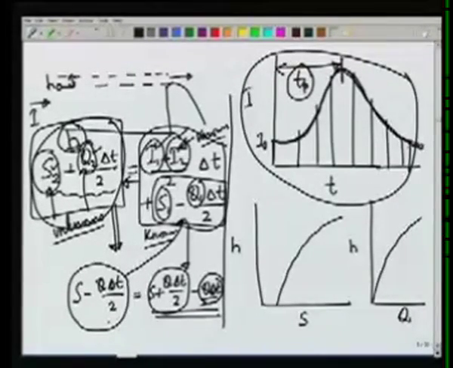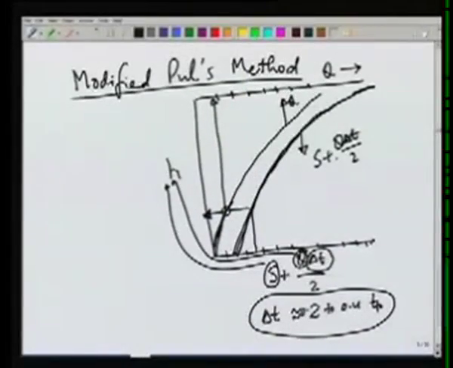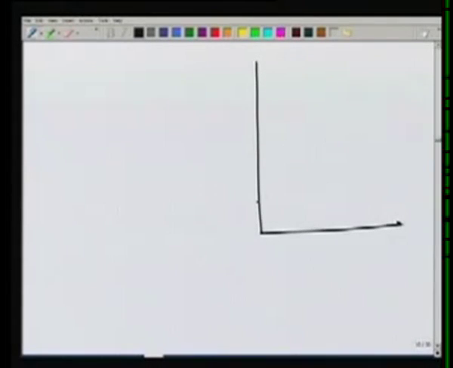So this modified pulse method, using this graphical procedure, gives us the outflow. If we have this as the inflow, a typical outflow will look like this.